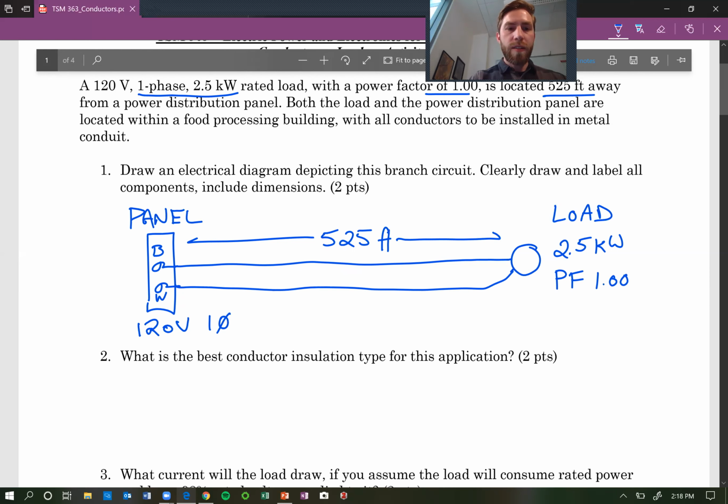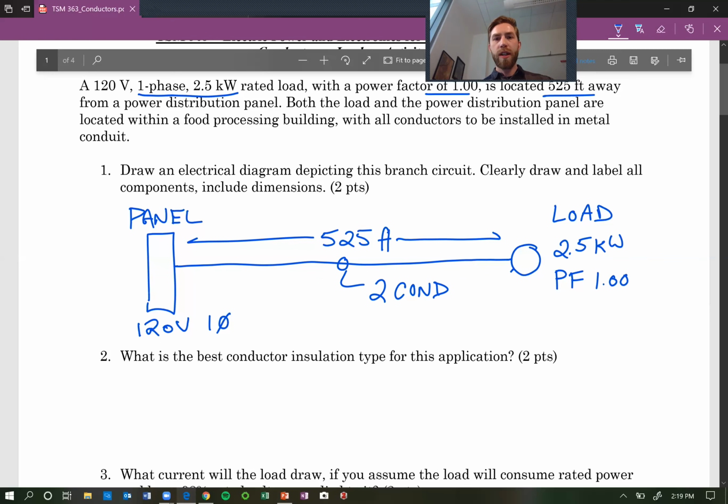But I'm going to have us start drawing a simplified version with detailed callouts on how many conductors we want in that line. So that line is actually a 2-conductor cable. That's the answer to our first problem: a 120 volt single phase panel powering a 2.5 kilowatt load 525 feet away. The power factor of that load is 1. We've identified the locations, the distance, and 2-conductor.